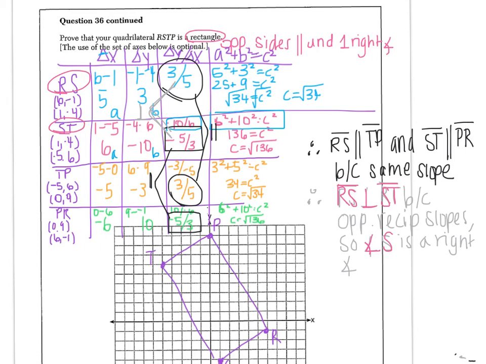Now that I have parallel lines and perpendicular lines with a right angle, this shape is actually a rectangle based off of that information. But if I wasn't sure, then I would definitely want to continue concluding things, such as RS is congruent to TP because they have the same length. Or ST is congruent to PR because they have the same length.